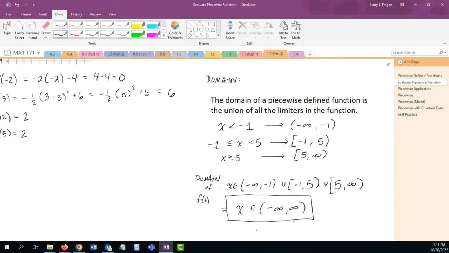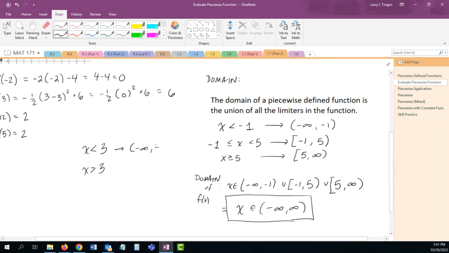Yep. Now, if any values are missing in those limiters, let me just give you one. If I said when x is less than 3, do this. When x is greater than 3, do this. We're missing 3. And anytime you're missing a value, you have to leave the intervals non-combined, right?